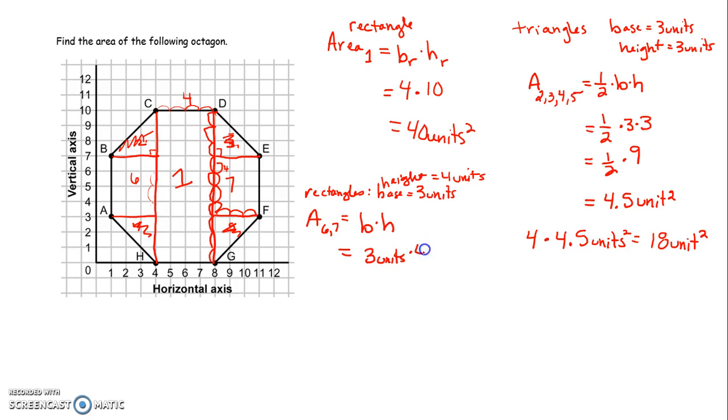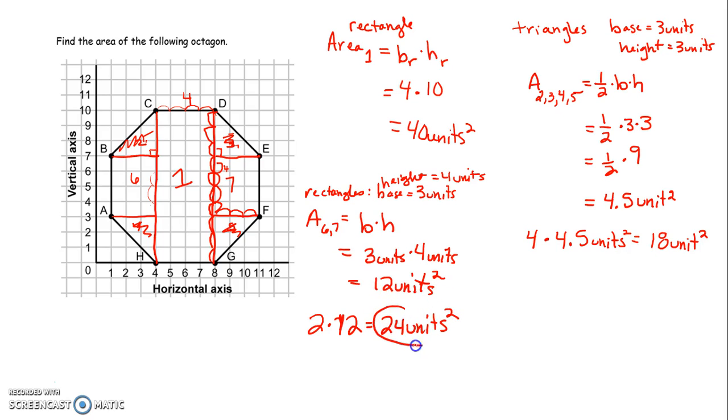The height was 4 units. 3 times 4 is 12 square units. However, there are 2 matching shapes like that. So to find the overall area for both shape 6 and 7, I would do 2 times 12. 2 times 12 is 24 square units.